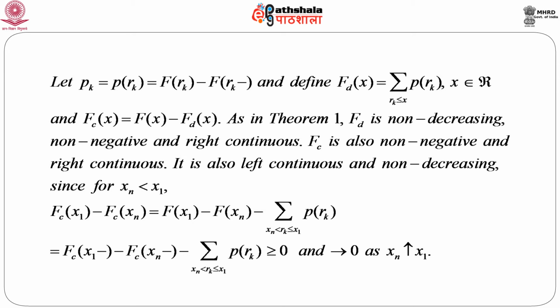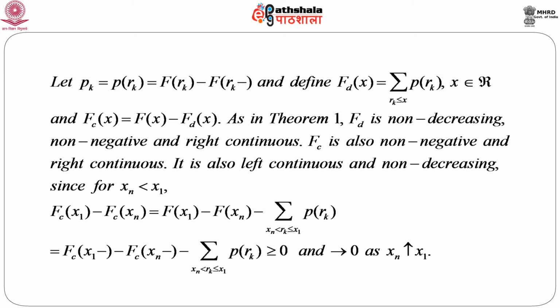And if we define F c x as F x minus F d x, then it is clear that, as in theorem 1, F d is non-decreasing, non-negative and right continuous. We can immediately see that capital F c x is a distribution function. So, F c is also a non-negative and right continuous function.